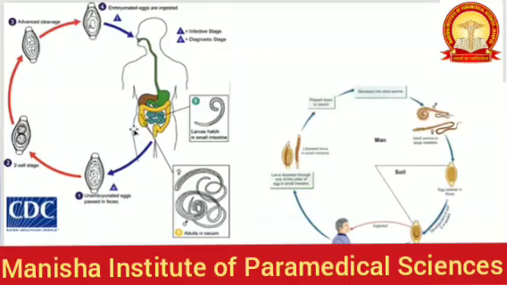So simply in the areas where there is high humidity and warm temperature, the unembryonated eggs get the ideal conditions to become embryonated. Under these good conditions which the egg wants, this embryonic development occurs within 15 to 30 days. Okay, and when the person ingests this, of course the infection occurs.